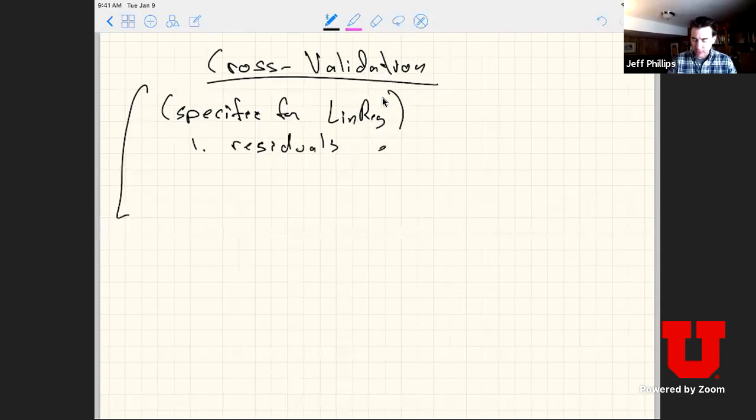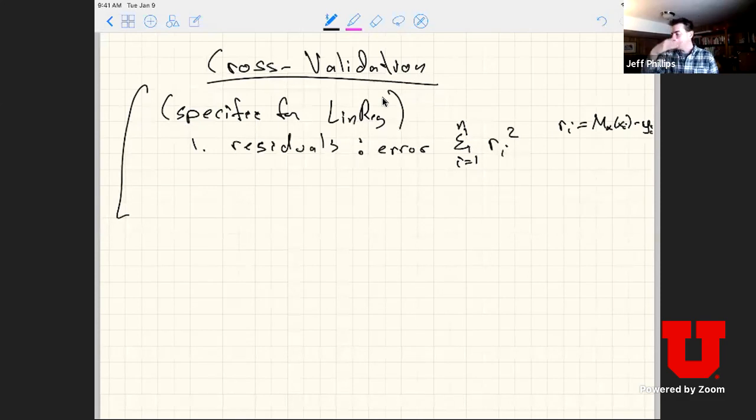Okay, and so my error, in general, is going to be the sum of these residuals squared, where the residual i is going to be the model xi minus yi. Okay, so I'm measuring specifically in this y coordinate, right?